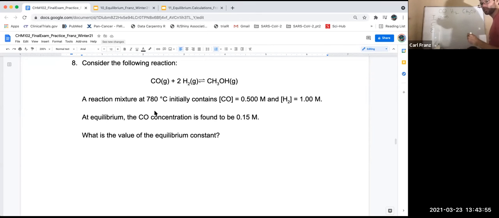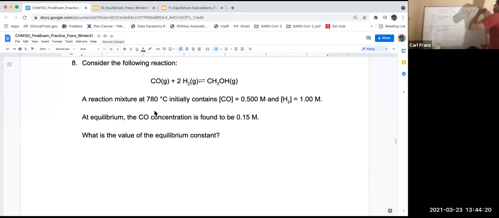Hydrogen is 1.0. And then at equilibrium, CO is 0.15. How do we fill in the rest?